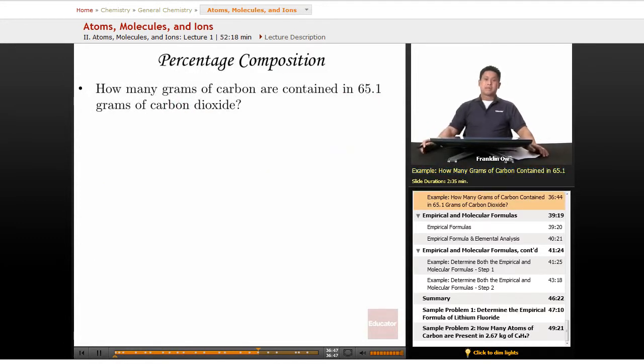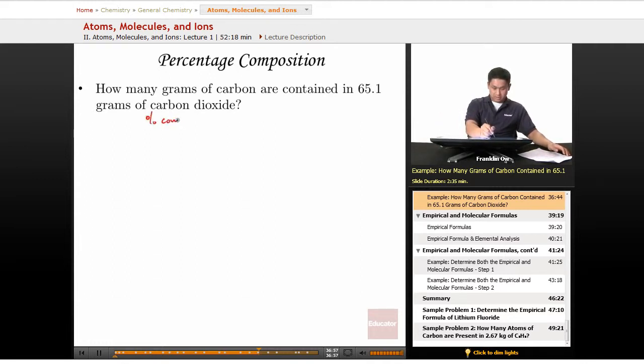Now, the next application of the mole is what we call percentage composition. And so percentage composition is given to us to be the following. Percent composition of an element tells us basically the parts of the element divided by total parts times 100.